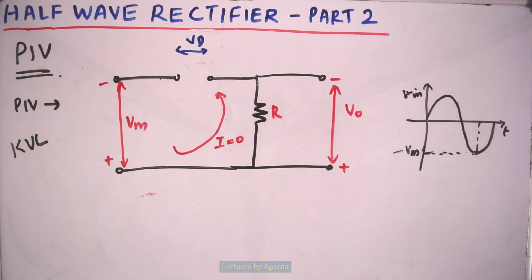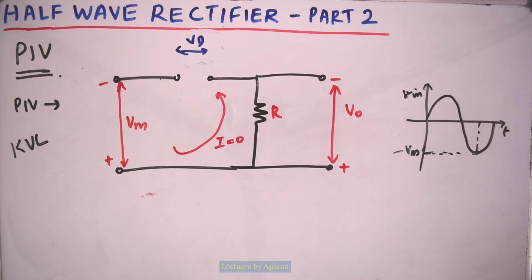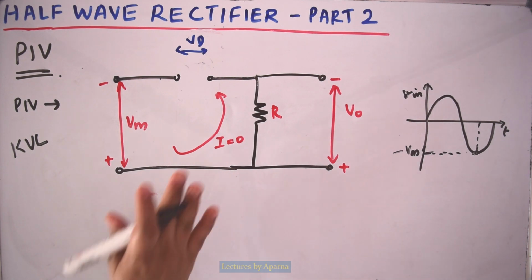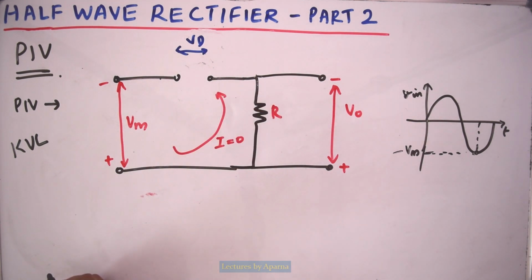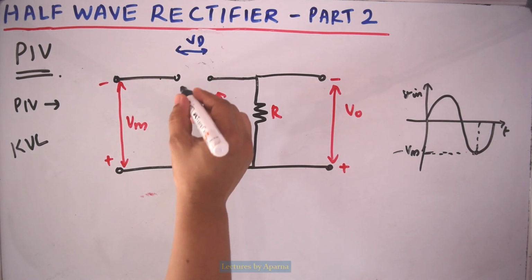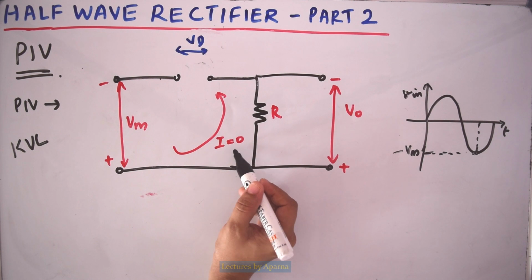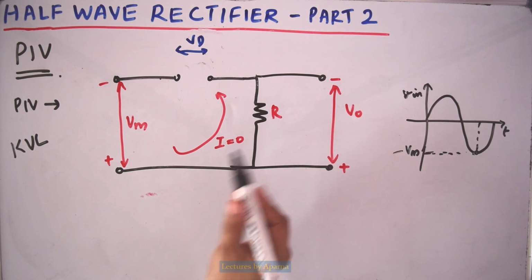KVL says that the algebraic sum of voltages in a loop will be equal to 0. Here we are going in this direction. We should note that the current through this will be 0 as this portion is open circuited. So there will be no current in this circuit, so I will be equal to 0.